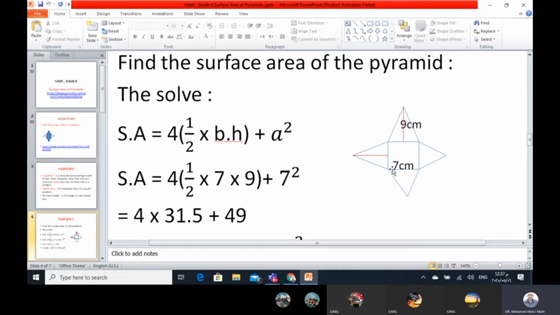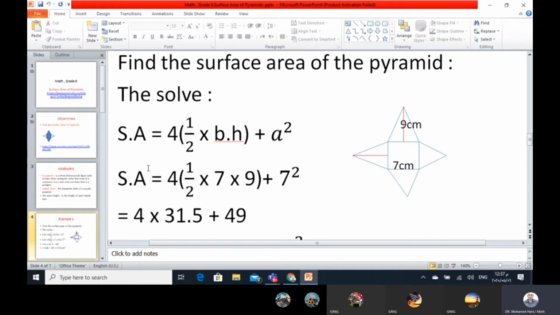Plus, now we can add the area of the base. As you see here, the base is a square. How to solve the area of the square? Side times side, or side multiplied by the side, or side squared. A means the side of the square. A squared is the rule to solve the area of the square.